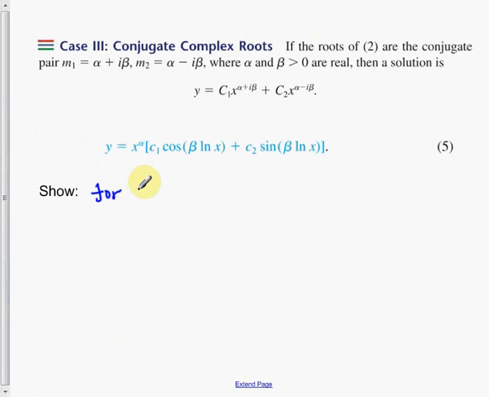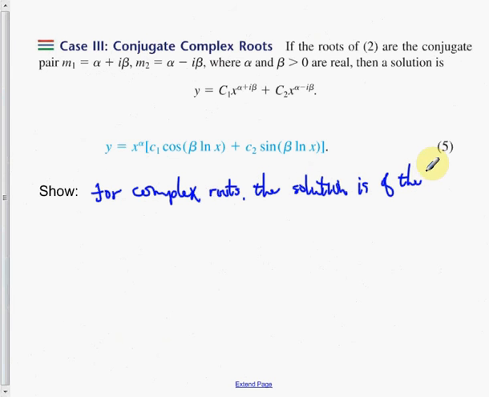We say that here for complex roots, the solution is of the form y sub c is equal to c sub 1 times x to the, I have to use these roots here, alpha plus beta i plus c sub 2 times x to the alpha minus beta i.